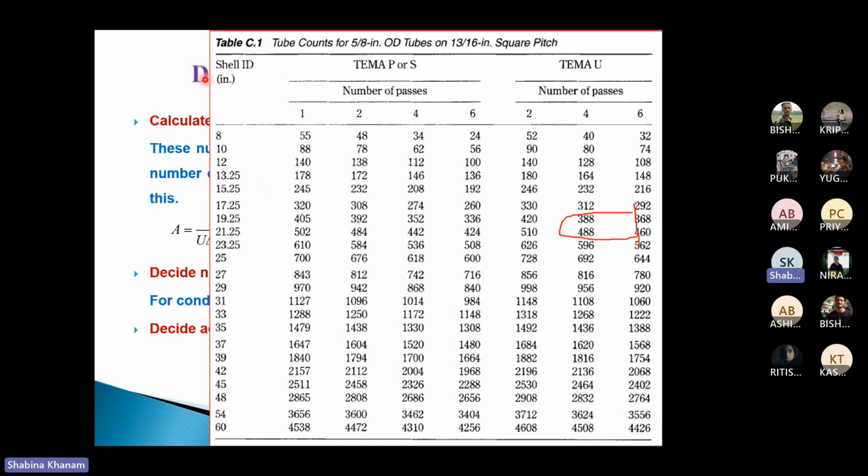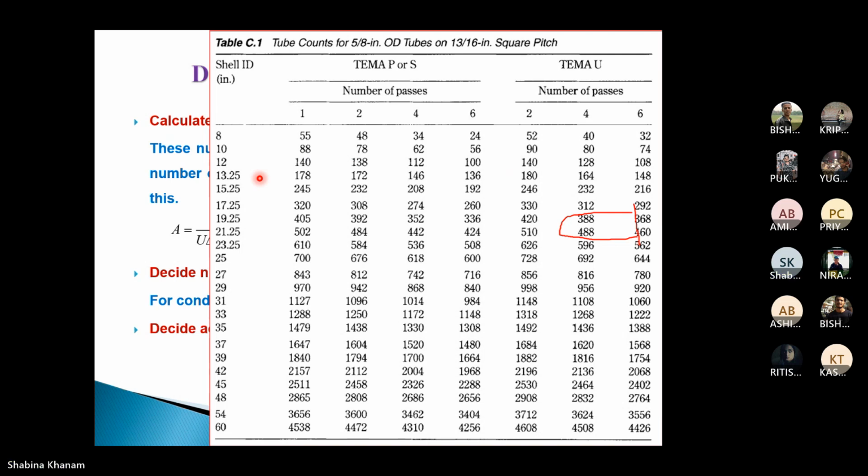13.25 is the value which we will collect from this. And this is the shell ID; bundle dia will always be lesser than shell ID, right? So shell ID considering 13.25, bundle diameter would be lesser than this value. So we usually follow one thumb rule that 0.25 inches should be deducted from this value always to find out bundle dia.